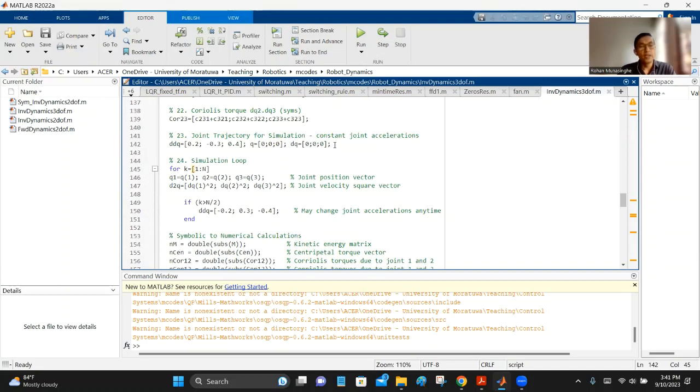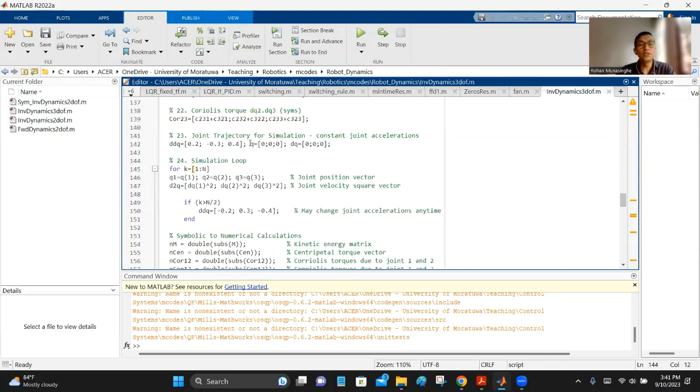What I do here is that I use constant acceleration, 0.2 radians per second square for joint 1 and negative 0.3 radians per second square for joint 2, deceleration, and 0.4 radians per second square acceleration for joint 3.